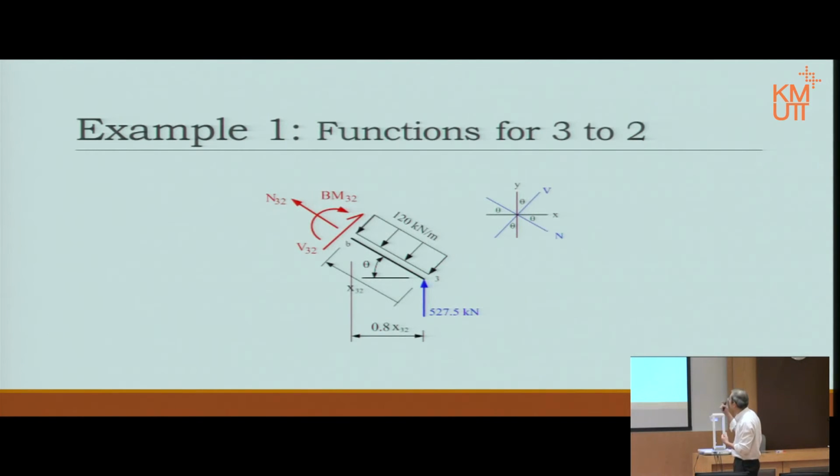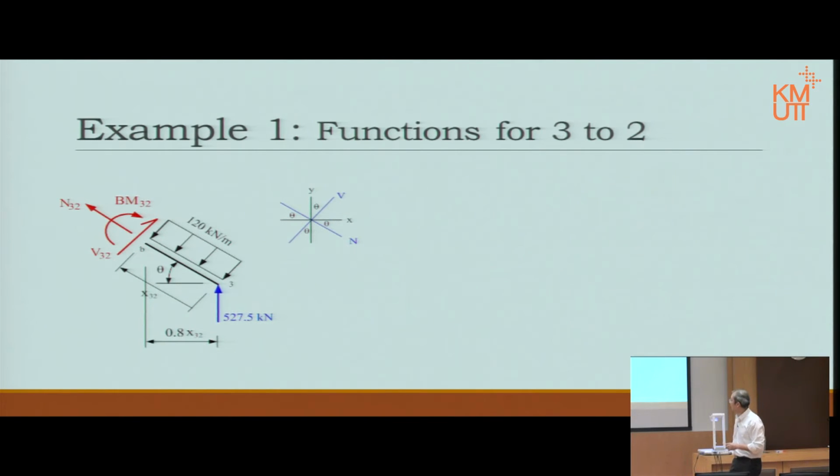Therefore, I will start using that one. But this time, to make it even simpler, I will define x as I said I can. I will set x from 3 to B, or where I cut, and of course the three internal forces appear there. Now let's move a little bit.